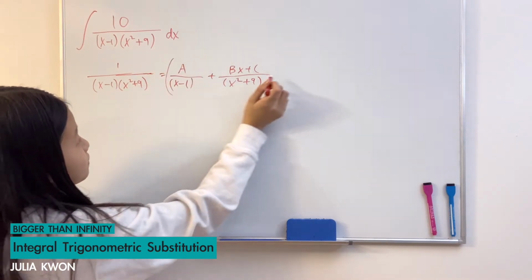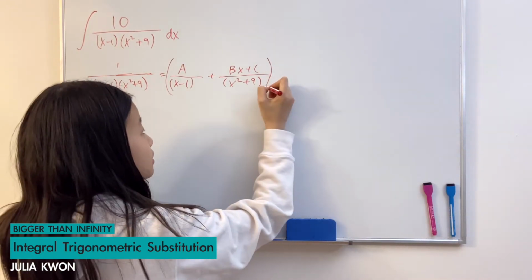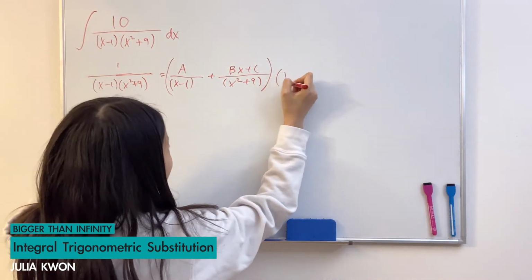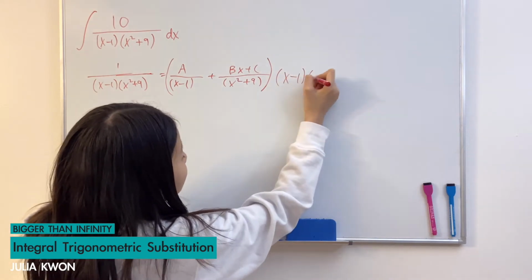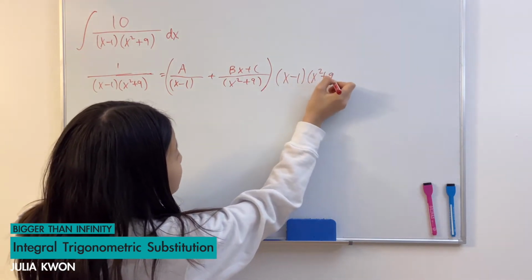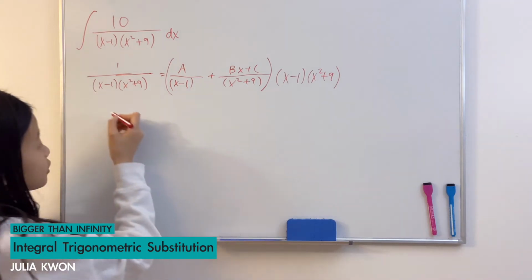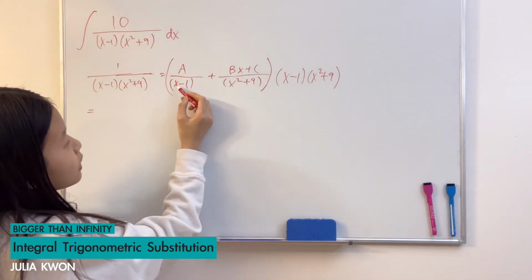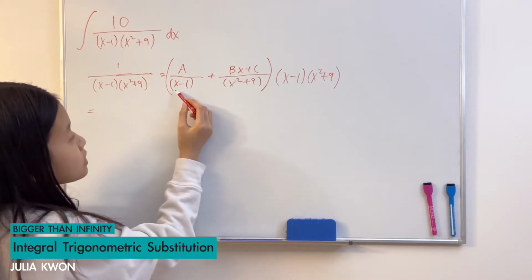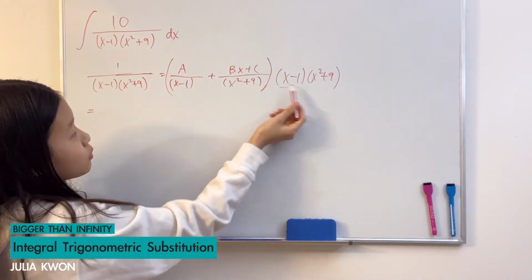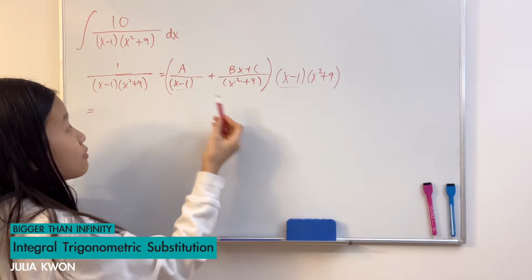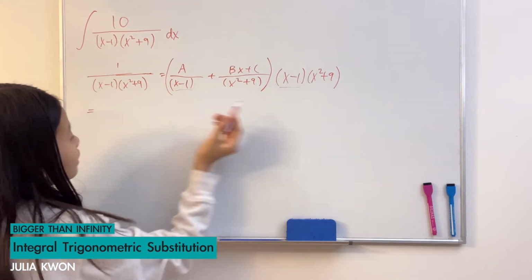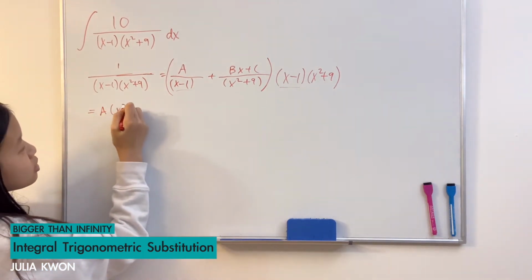So we're going to multiply this whole thing by (x - 1) and (x² + 9). If we do that, for A over (x - 1), the (x - 1) terms will cancel out, so we'll just have A times (x² + 9).